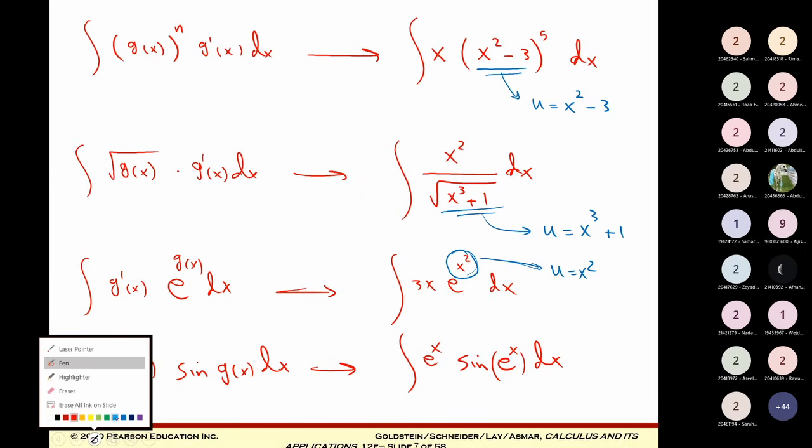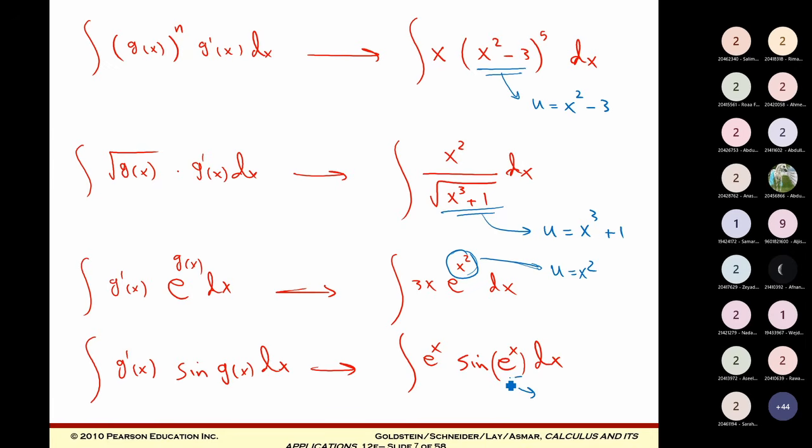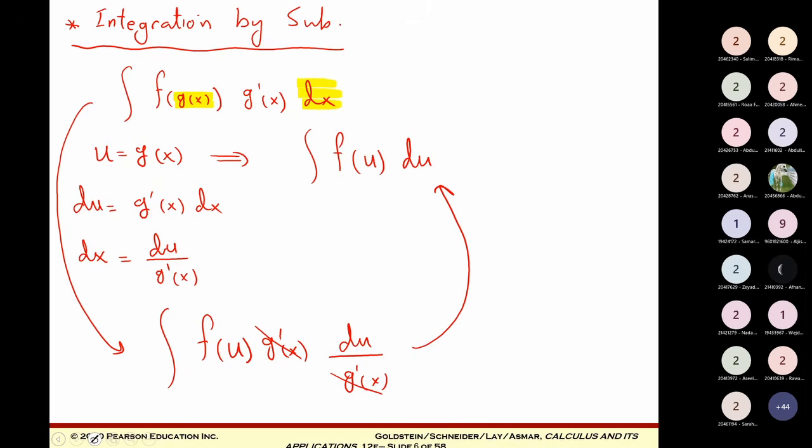So we must use substitution by letting u equal e^x. So if we have an exponent, let the exponent. If we have sine or cosine, let the inside of the angle. Inside the roots, inside the brackets, let u equal the inside of these, and find dx with respect to du and replace two things: g(x) and dx.